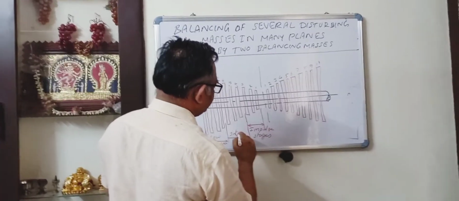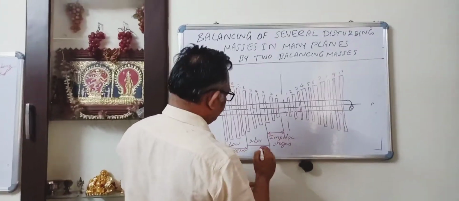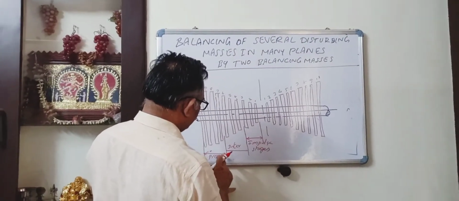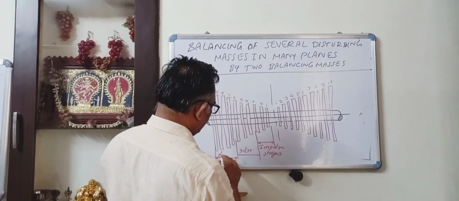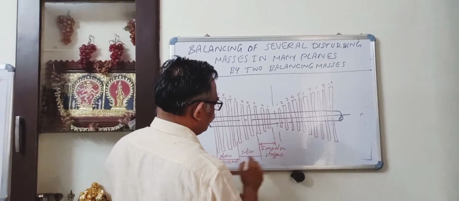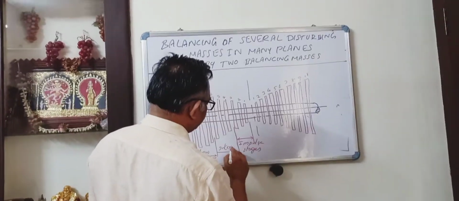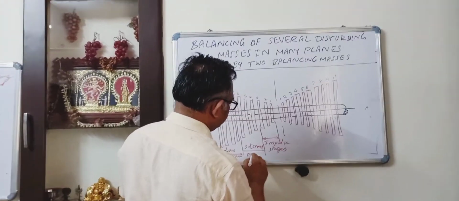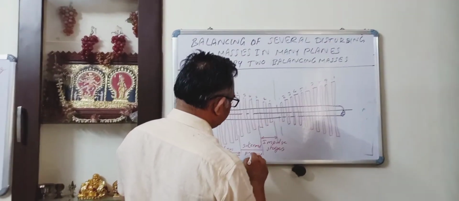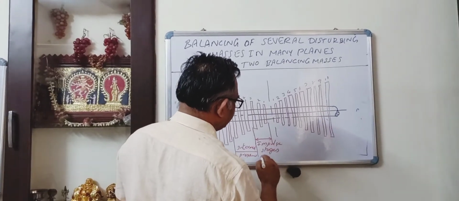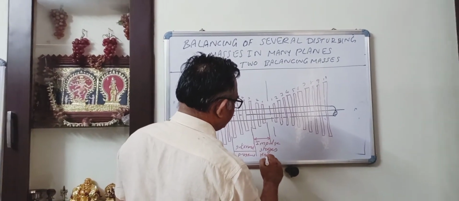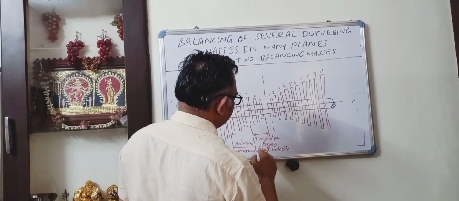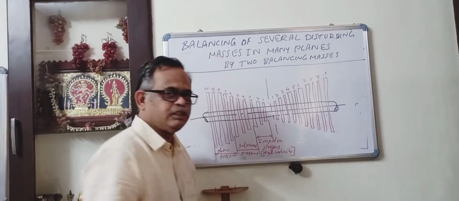Sorry, I'm sorry, yes, low pressure stages, intermediate pressure stages, and these are impulse stages, which are high velocity stages. Impulse stage is called a high velocity stage.